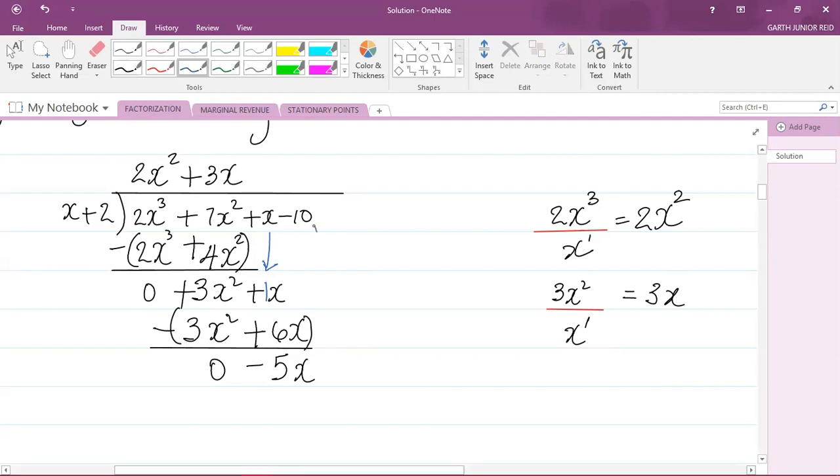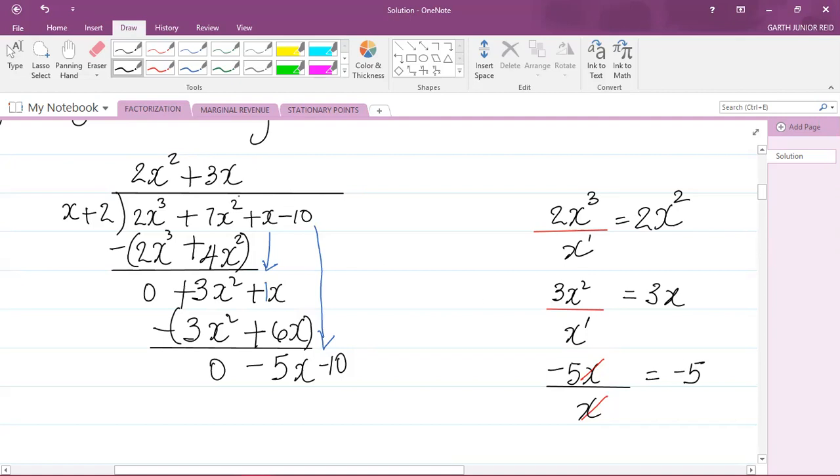Good. And I'm just now going to carry down the negative 10 here, okay? So I'm going to carry down this negative 10. So we have a negative 10 here, all right? And doing the same process again, I'm going to divide the negative 5x by the first term in my divisor, which is x, okay? And clearly we can see that these two x's cancel out, which gives me a negative 5, right?